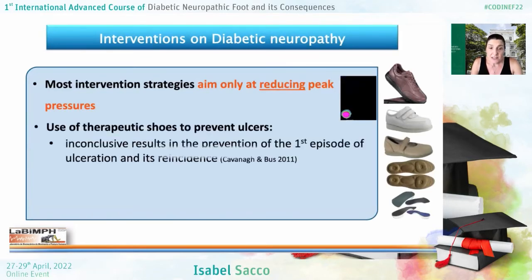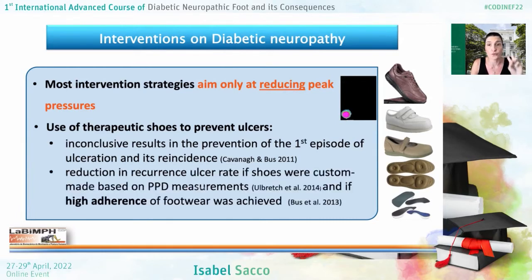Unfortunately, there are still inconclusive results regarding the use of therapeutic shoes for preventing the first episode of ulceration. And we know from 2 excellent trials that there was a reduction in the recurrent ulcer rate only if shoes used were custom-made based on plantar pressure measurements and only if high adherence of the footwear was achieved.